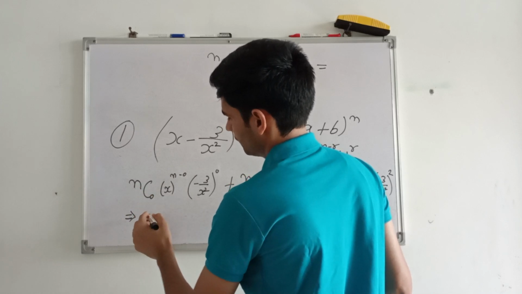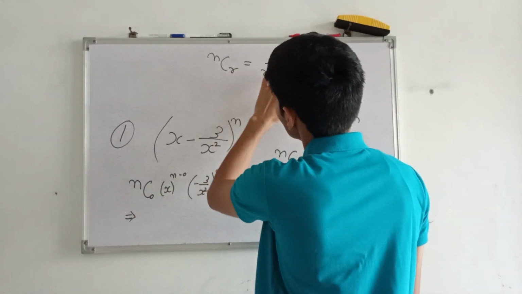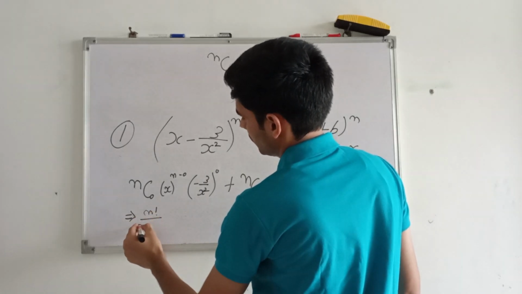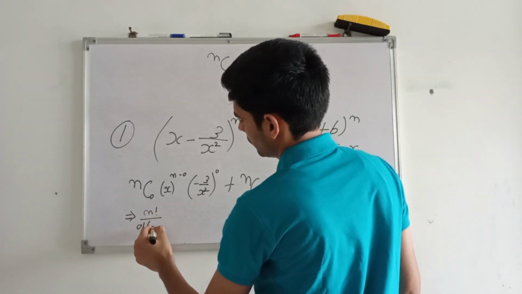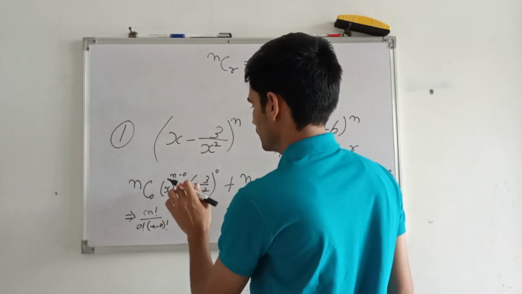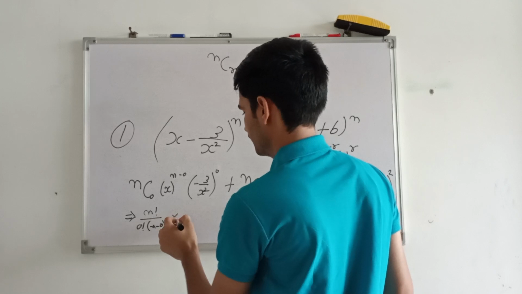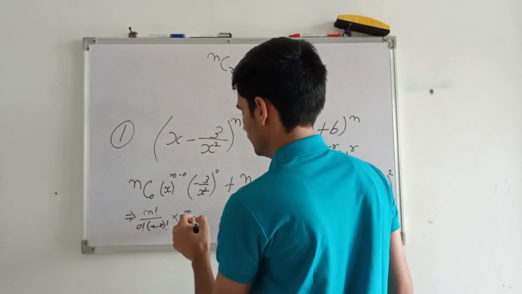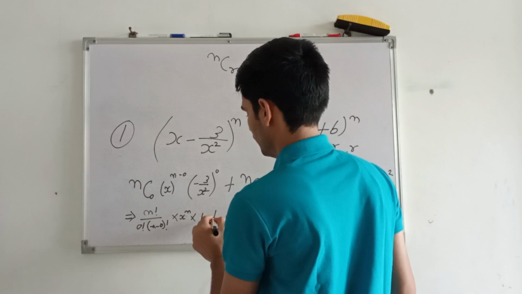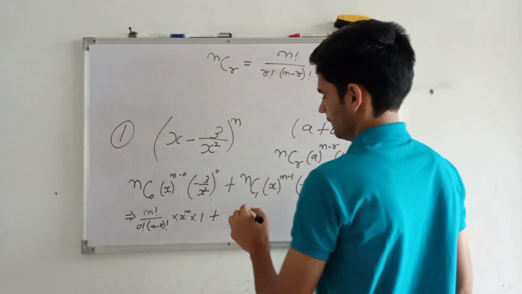nC0 will be n factorial divided by 0 factorial into n minus 0 factorial, x to the power n, into anything to the power 0 is 1, plus nC1.